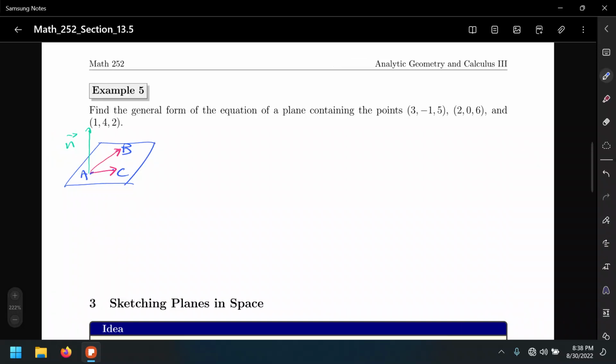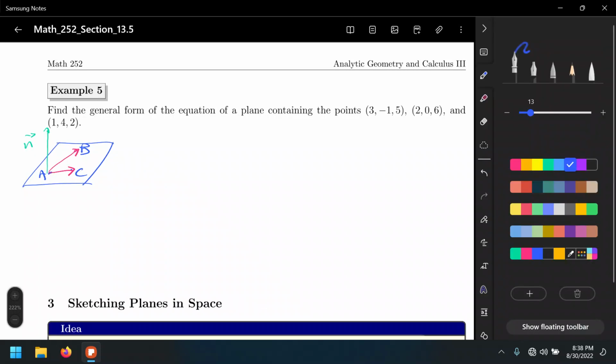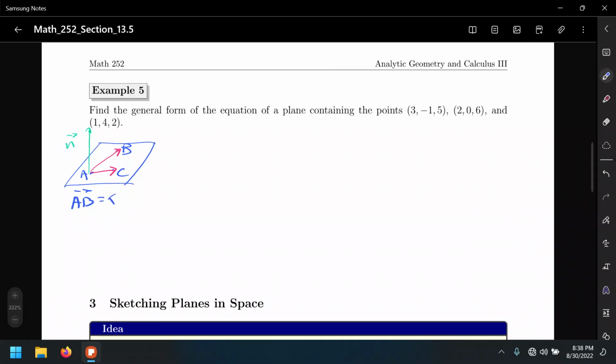Okay, so number one, before doing the cross product, we need to define vectors, right? So we define the vector AB. Let's label A, B, and C, by the way, because it's not clear which one is which, so I have to label here.